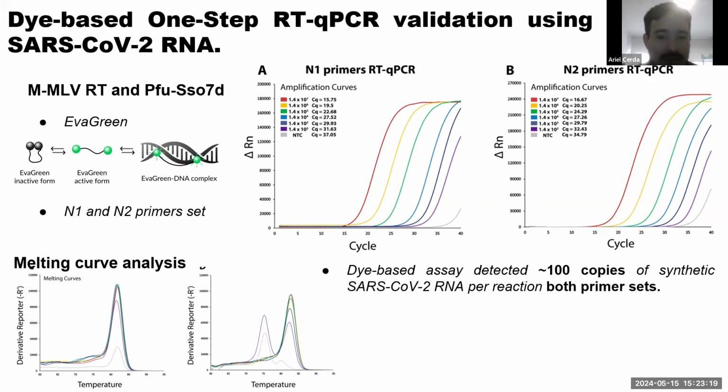The dye-based one-step RT-qPCR assay detects about 100 copies of the synthetic SARS-CoV-2 RNA, which is significantly lower than the LOD of commercial kits.